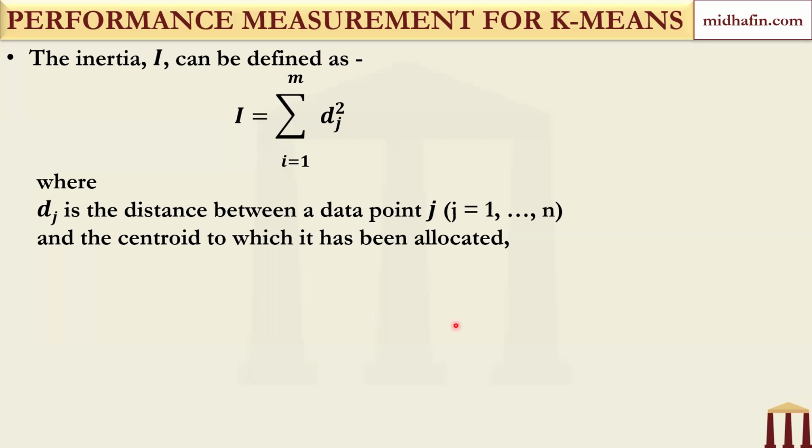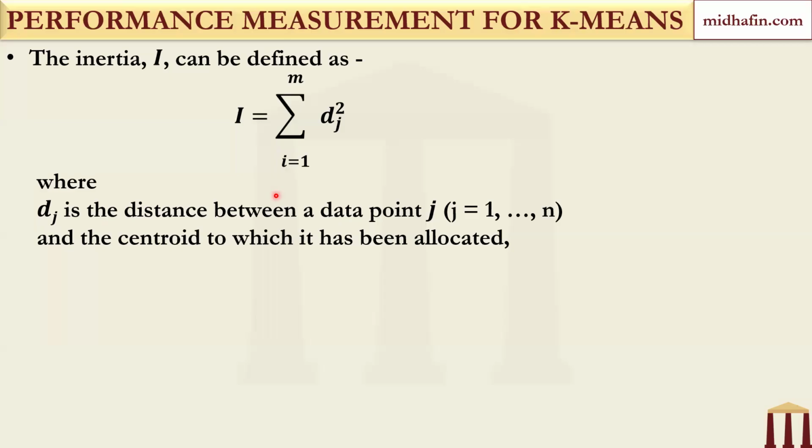After the recomputation of the centroids, once the clusters have been finalized, we calculate again how far, we can use the Euclidean distance, no problem at all. How far each data point is away from its centroid, then we square its distance, and then we add all these square distances for all the data points. So inertia is basically the sum of square distances of each point from its assigned cluster center.